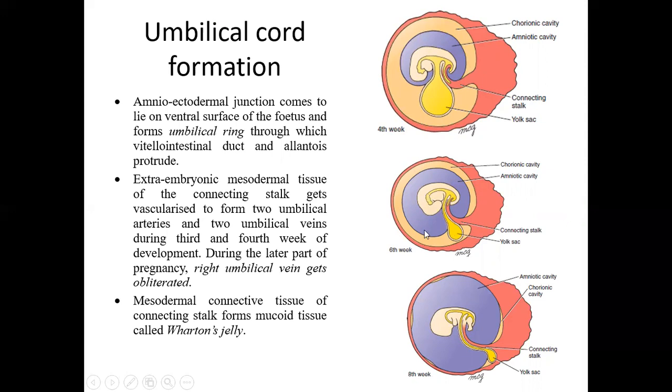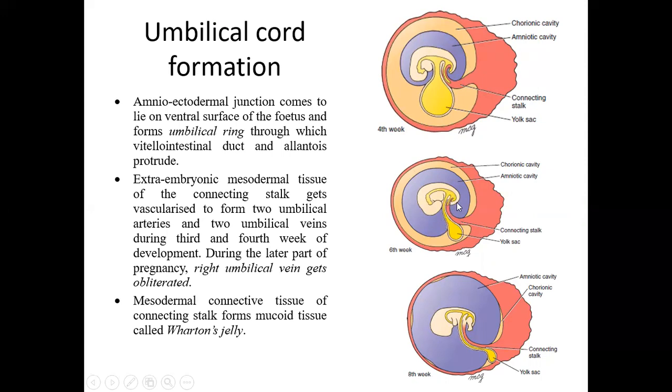Over here you can see, the amnio-ectodermal junction comes to lie on the ventral surface of the fetus, and it forms an umbilical ring through which the vitello-intestinal duct, which, if you remember, communicates the umbilical vesicle with the midgut, and the allantois protrude.